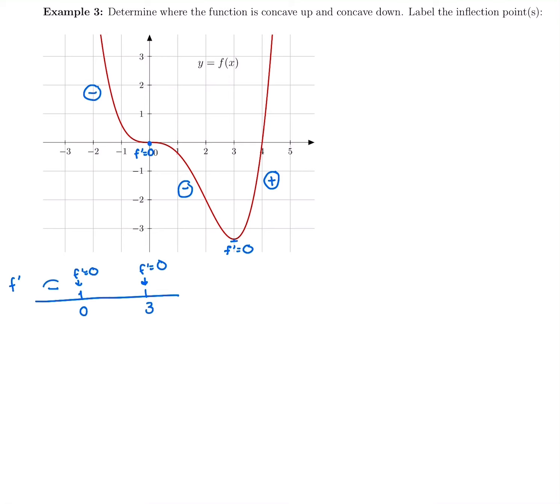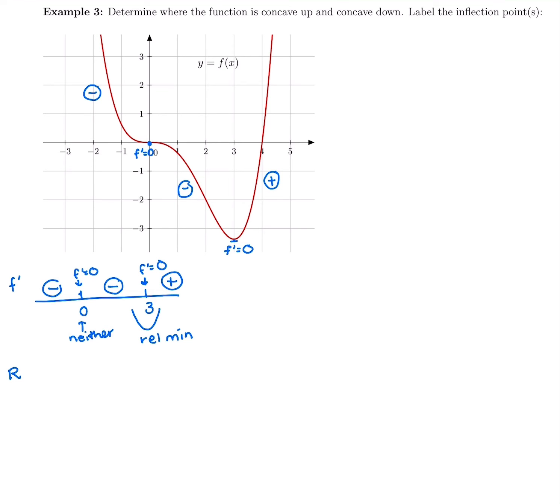So before 0, we are decreasing. After 0, we're also decreasing. So do we have a relative max, min, or neither? That one's going to be neither. It doesn't have any sign change. Next one is decreasing to increasing. So we do have a sign change because it's increasing after that critical number. And we want to remember decreasing to increasing gives us a relative min.